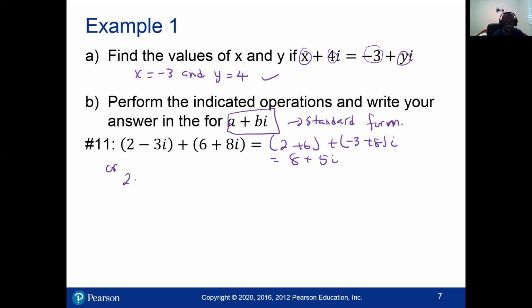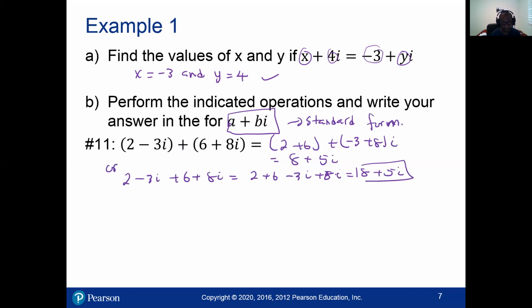This is 2 minus 3i, and then you have 6 plus 8i. And that gives us 2 plus 6, and then minus 3i plus 8i. That will give us the same thing, 8 plus 5i, which is what we got there. So that is one way to look at it.